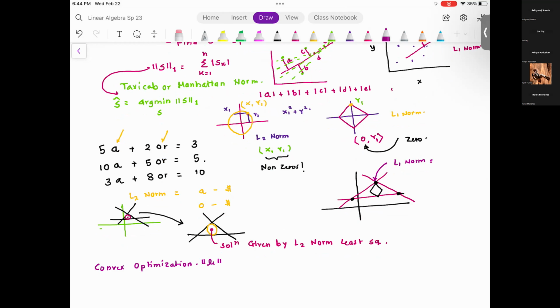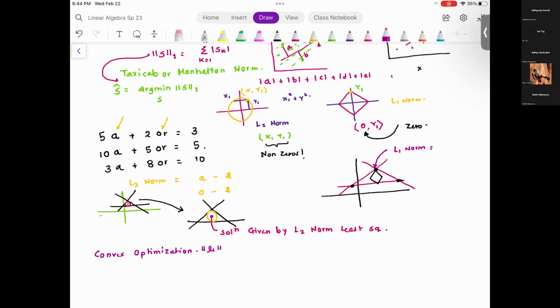And mathematically, this convex optimization is defined as s hat is equal to argmin of the taxicab or L1 norm of s, subject to y is equal to C psi s.